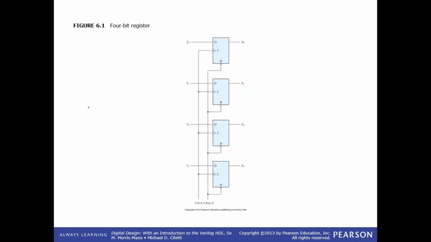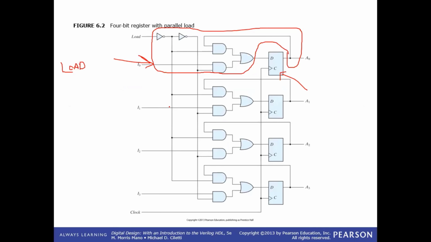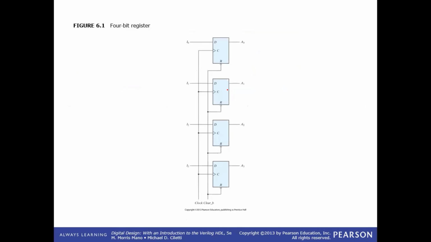One of the data transfers was over here and this was being controlled over here. This is known as parallel transfer. Parallel transfer means at once in a single positive edge of the clock. If this is a positive edge of the clock.